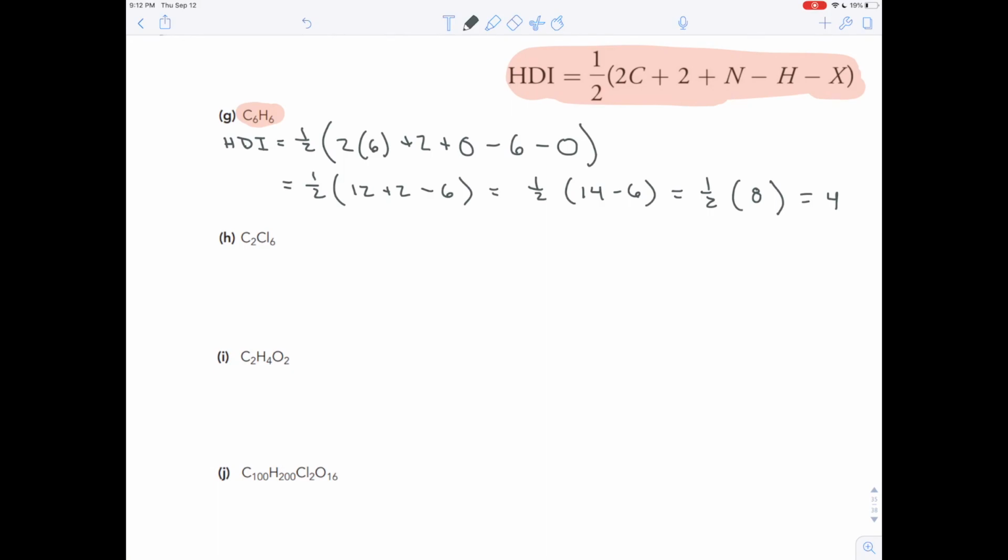That means it has 4 ways of combining pi bonds or rings. So for example, you could have 4 pi bonds. You could have 3 pi bonds and 1 ring.